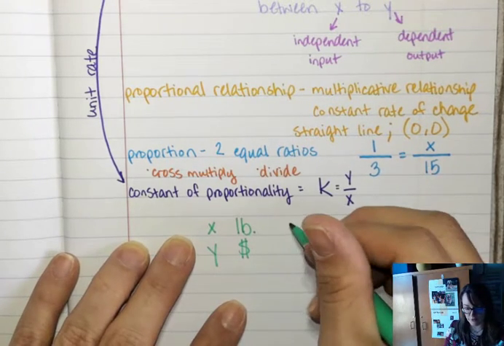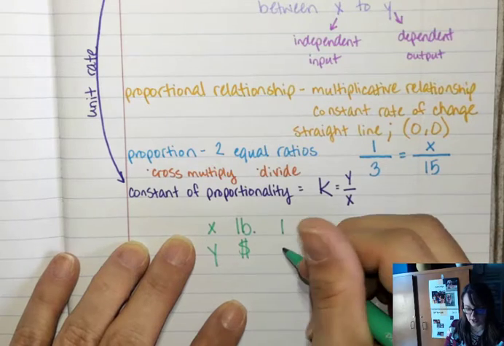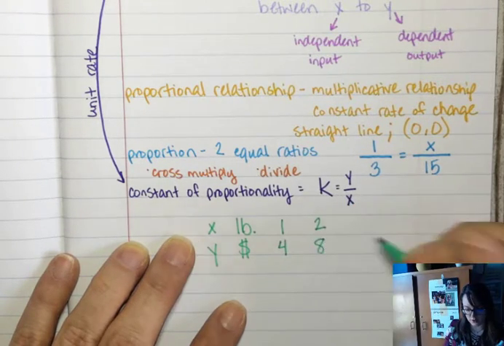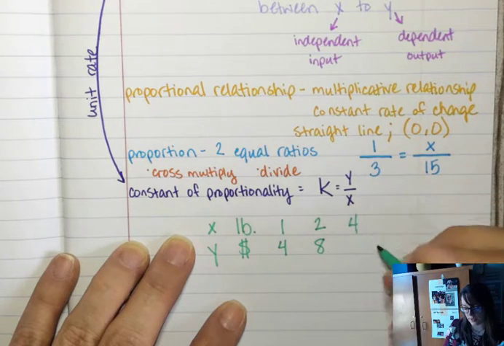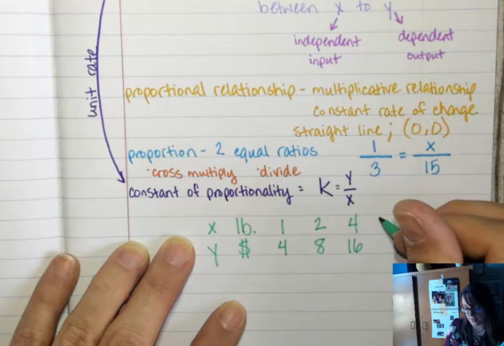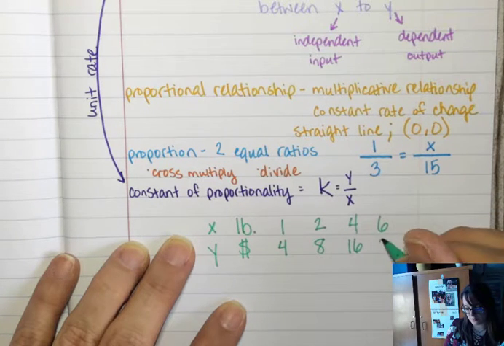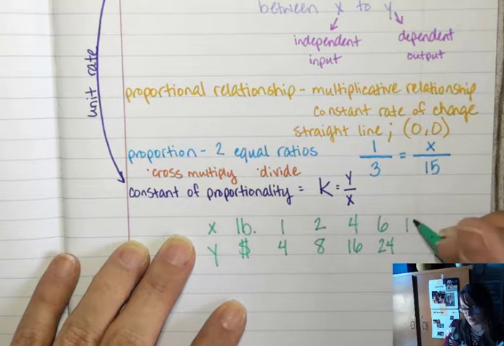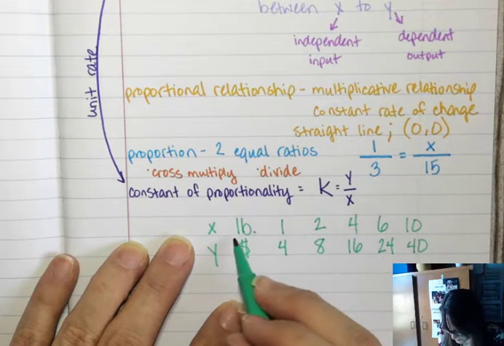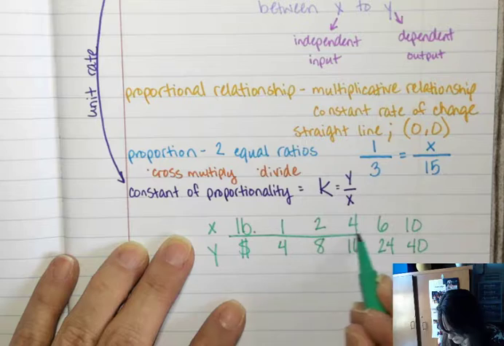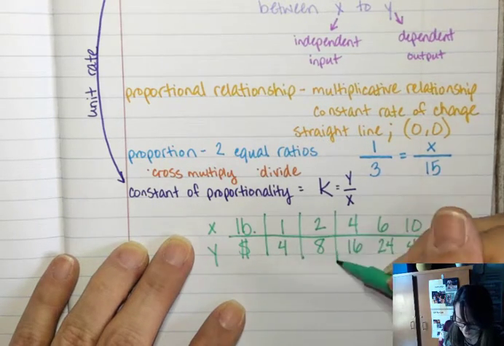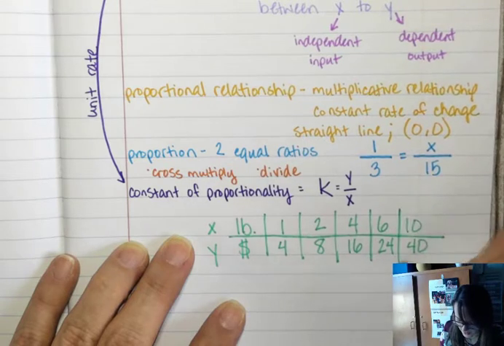So if I have 1 pound of hamburger meat, that's going to cost me $4. 2 pounds is $8. 4 pounds would be $16. 6 pounds would be $24, and 10 pounds would be $40. I purposefully jumped around. I don't want you to be comfortable with it going in a pattern, because it's not a rule, it doesn't have to.